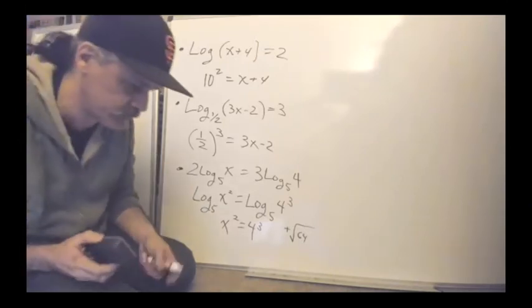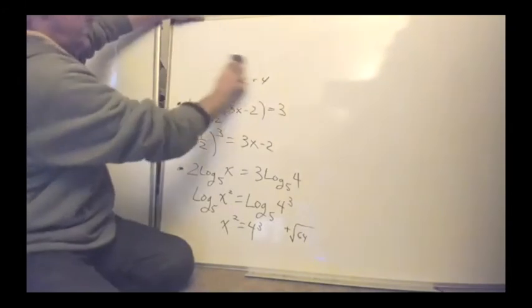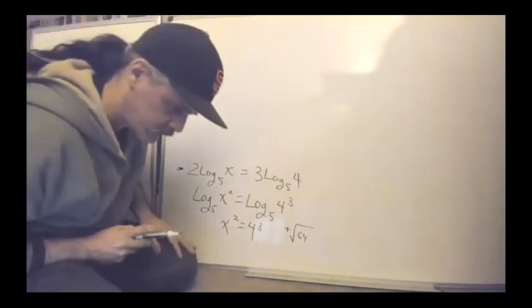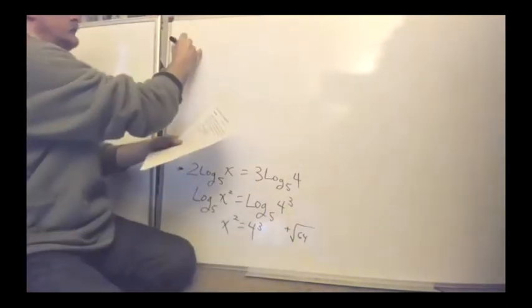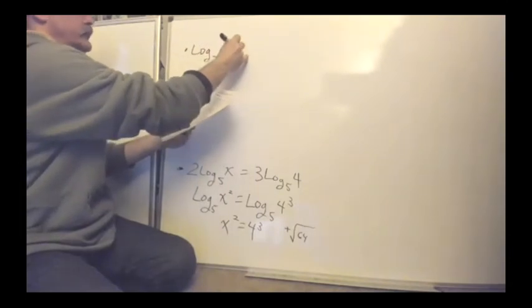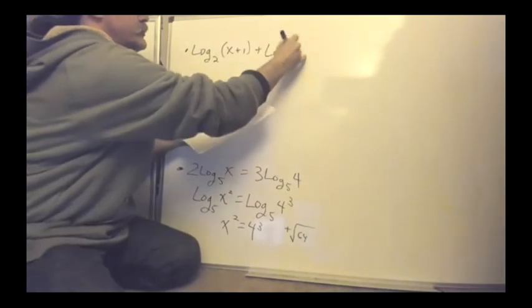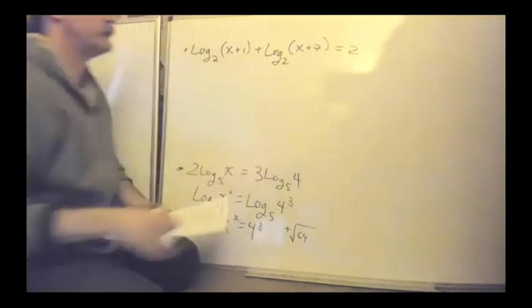Okay, so the last two. Okay, so we have log base 2 of the x plus 1 plus log base 2 of the x plus 7 equals 2.